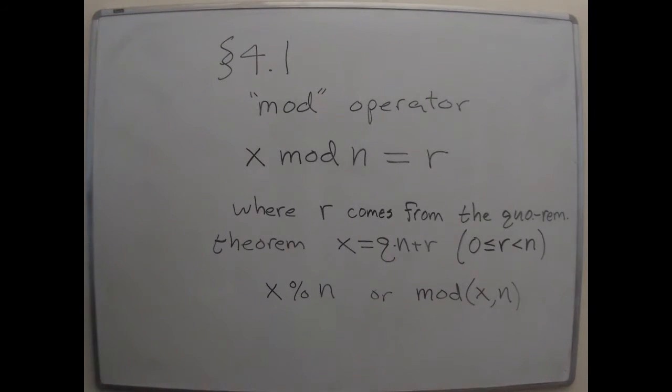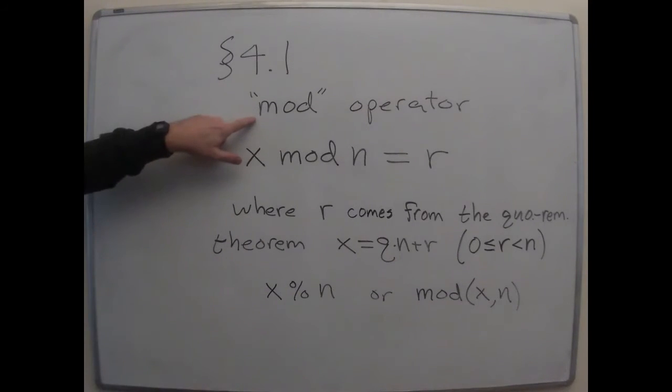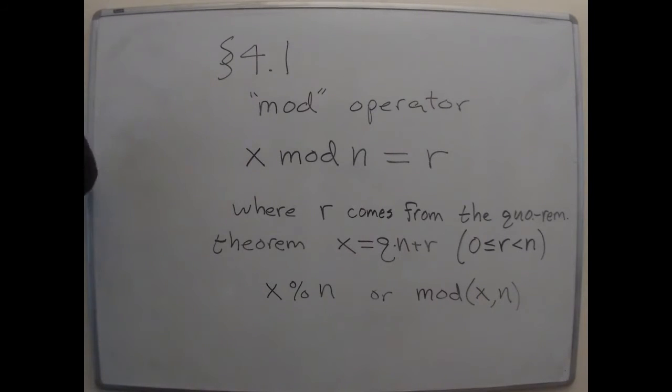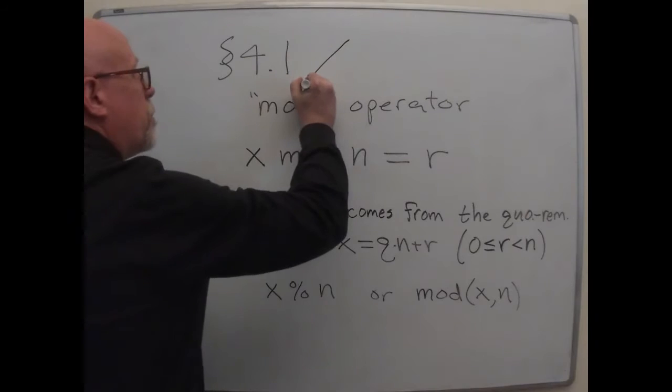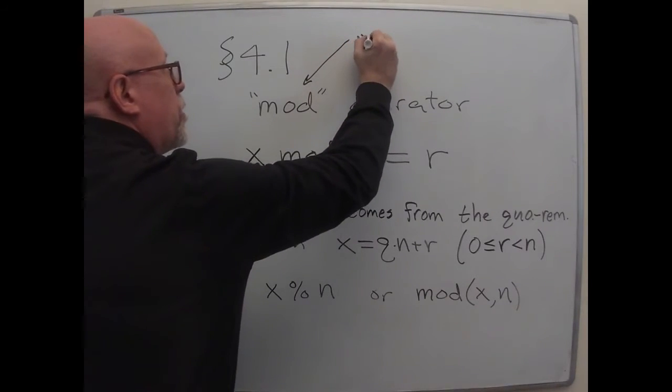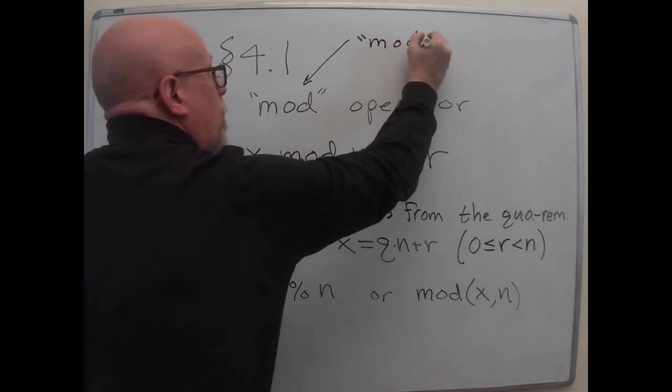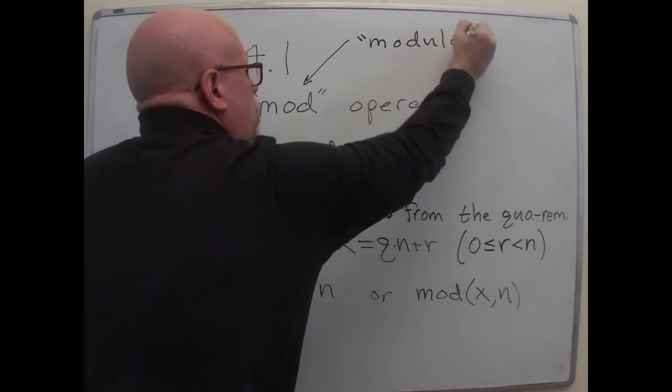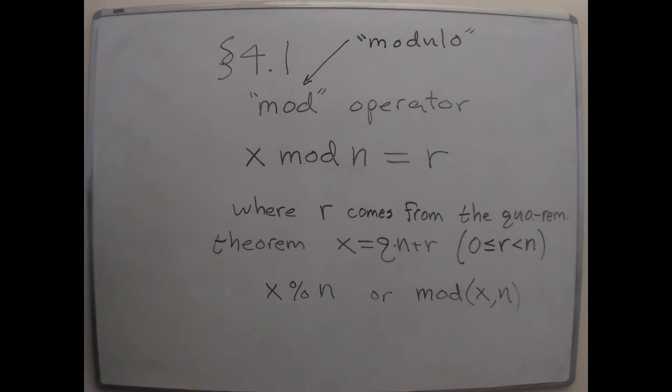I just used the word. So everybody shortens this to mod, but in fact the word is modulo that goes in there. I should have probably pointed that out to begin with. Mod is shorthand for modulo, which I think is Greek, but anyway, the full word is modulo.